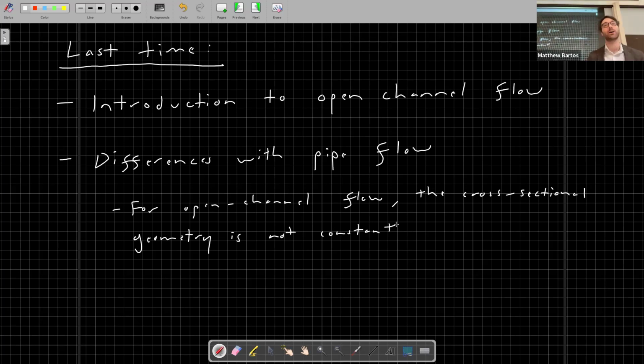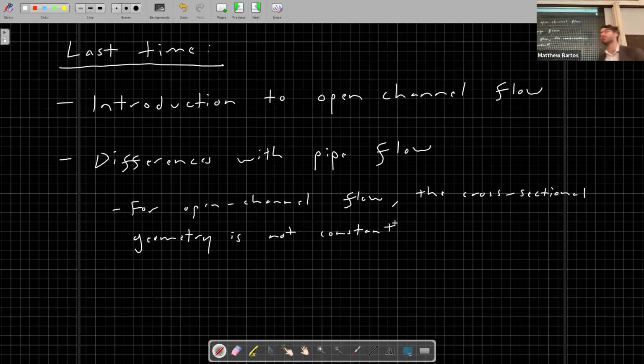When we were talking about pipes, we could always assume that the cross-sectional area of flow was equal to the cross-sectional area of the pipe because that pipe is known to be flowing full. With open channel flow, that's not the case. Our cross-sectional area, and thus the hydraulic geometries that we're interested in, will change as a function of the depth of the water. So that's one of the major differences we're going to have to account for.